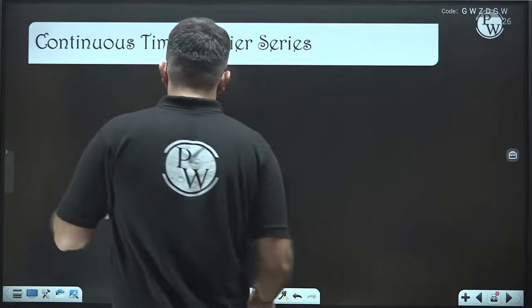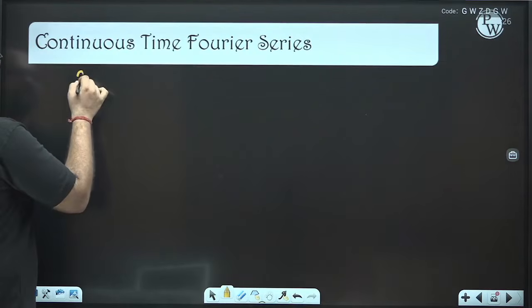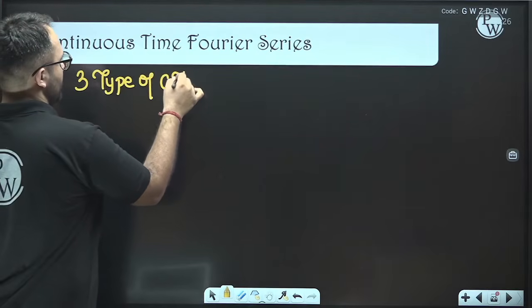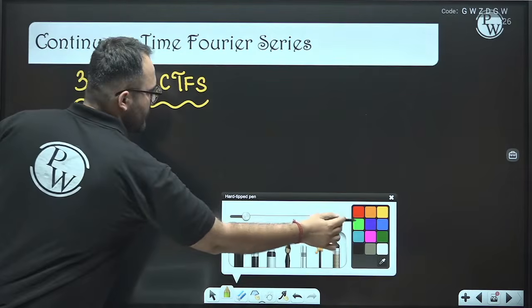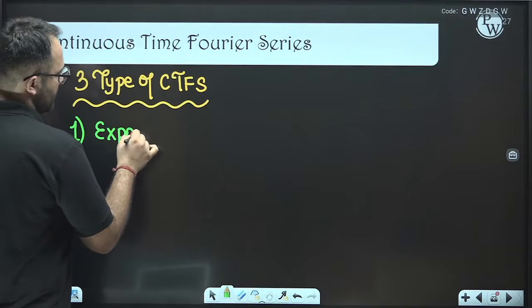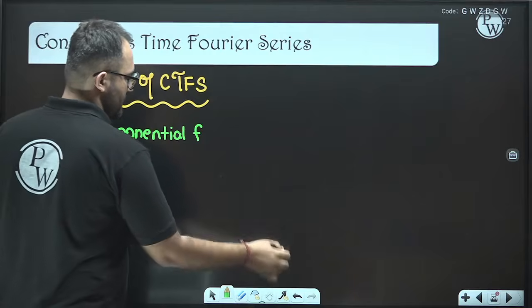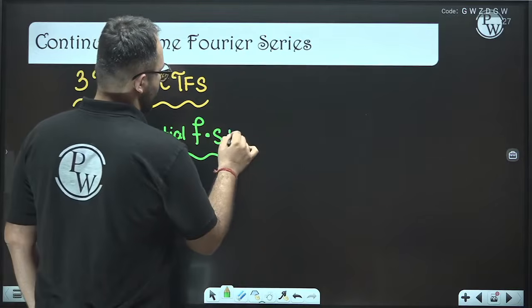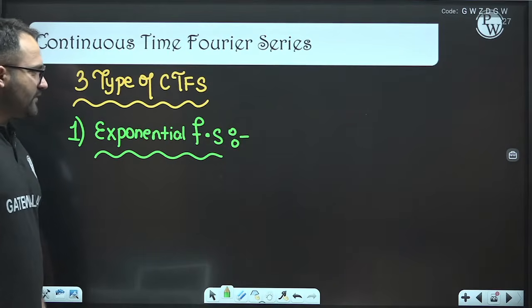Using continuous time Fourier series, we have three types of Fourier series. The first is the exponential Fourier series.